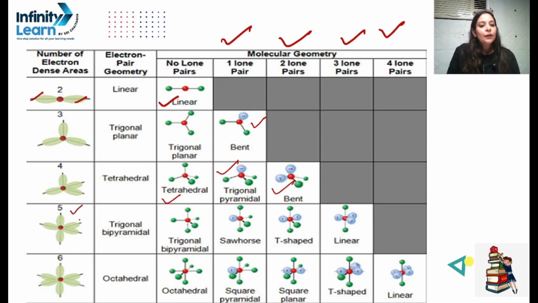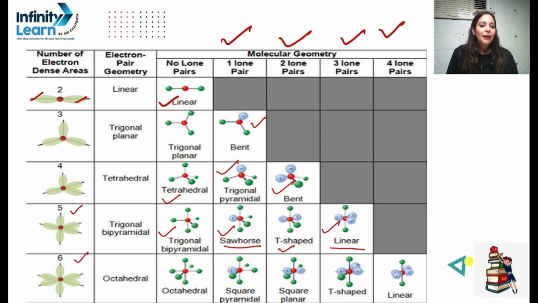Same way, if five atoms surround the central atom with no lone pair, the geometry would be trigonal bipyramidal. But if it has one lone pair, the geometry gets distorted and we call it sawhorse. And with two lone pairs, it is called T-shaped, and with three lone pairs, it is called linear. All of them can be called distorted trigonal bipyramidal, but you have to learn their special names as well.